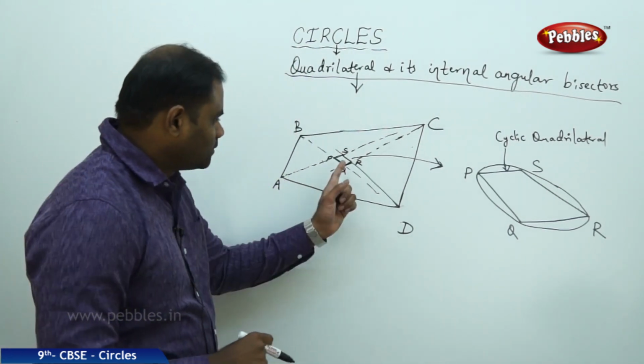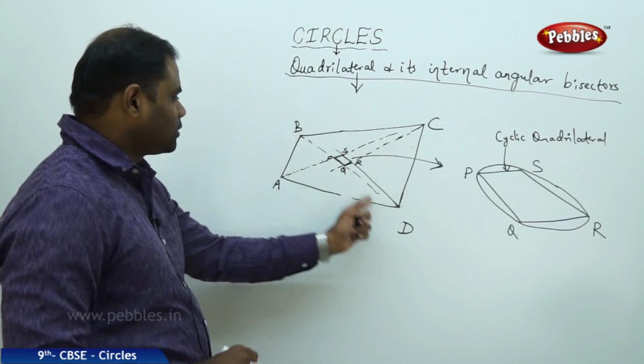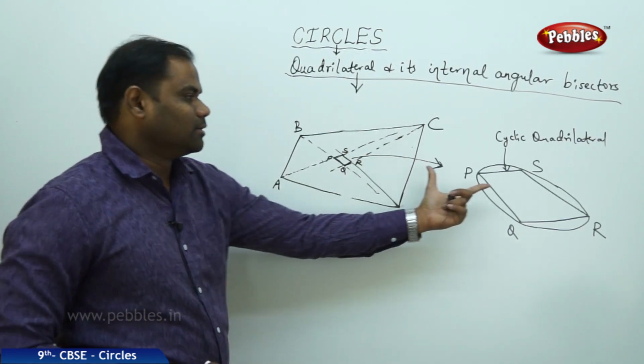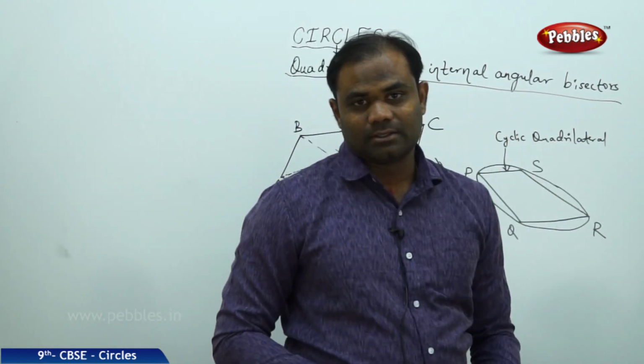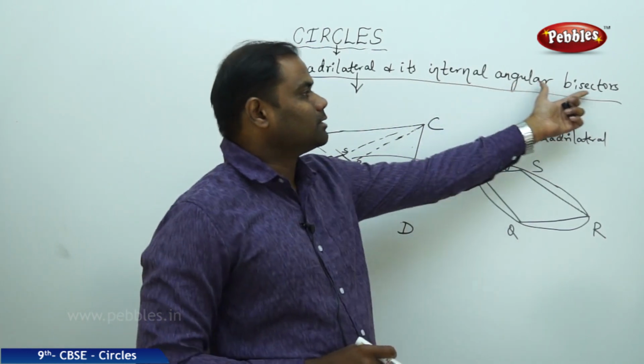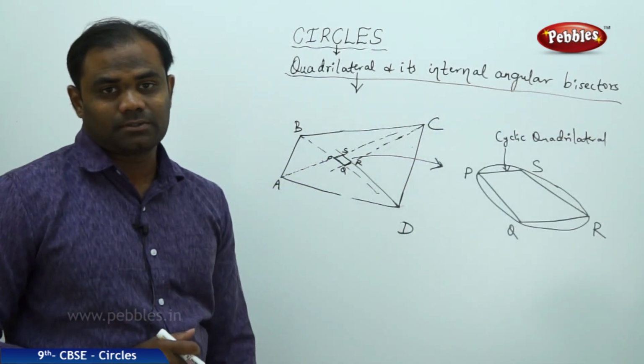The quadrilateral which is formed by each of the internal angular bisectors of the actual quadrilateral will be cyclic. This is the property which connects a quadrilateral and its internal angular bisectors.